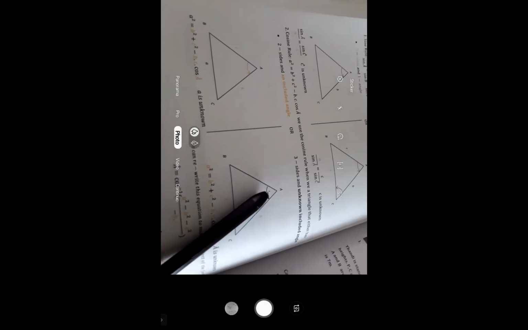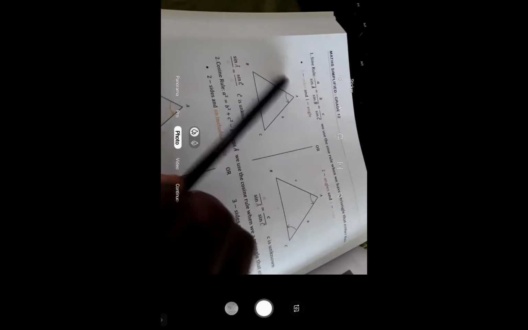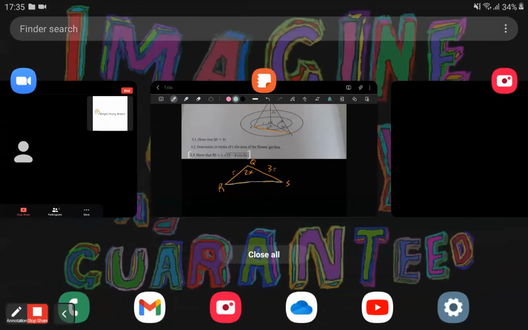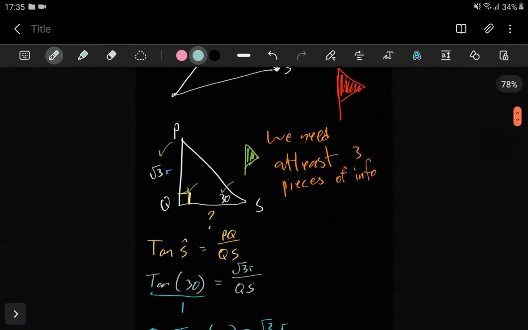Now, the big idea here is this is also highlighting why we always need at least 3 pieces of information. Because if you look everywhere here, 2 pieces of information plus 1, that's 3. 2 plus 1, that's 3. 2 plus 1, that's 3. 3 sides, that's 3 pieces of information. So it's the reason why the moment we saw that this only had 2 pieces of information, we just disregarded it immediately.